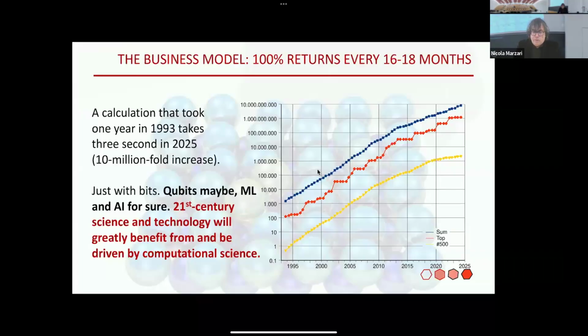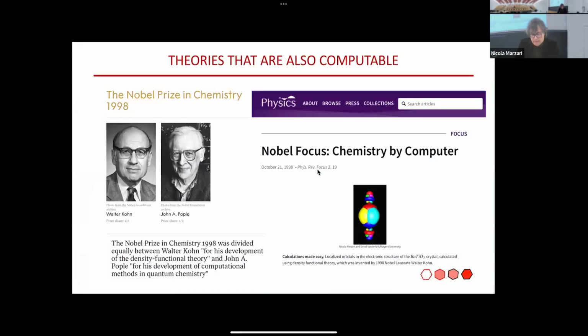Maybe there will also be quantum computers, but certainly what is very powerful these days is machine learning and artificial intelligence. And I'll comment a little bit tomorrow on this. In order to exploit this enormous availability of computing power, you really want theories that are computable.